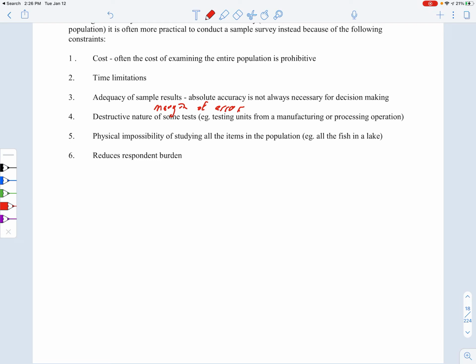And then the last one here is it reduces respondent burden. I remember one of the controversies many years ago, I think it's about 2 censuses ago, and so it's going back about 15, 20 years or so. And one of the big issues here was that the government came up with what they called a long census and then a short census. And about 10% of Canadians were given the long census.